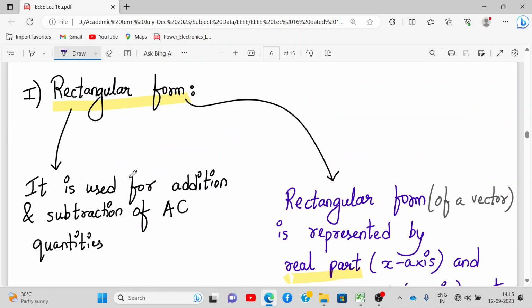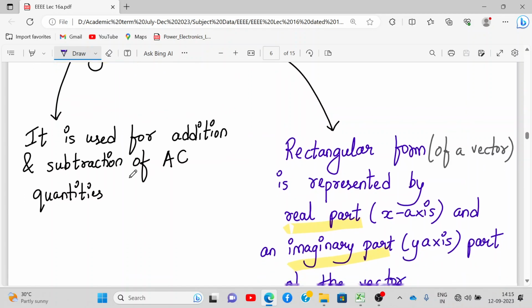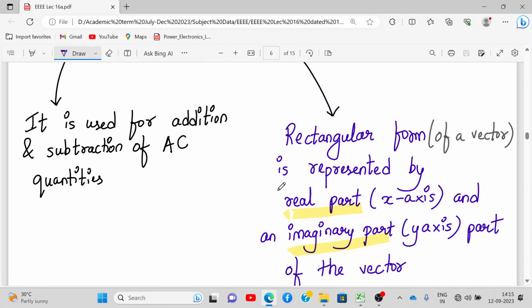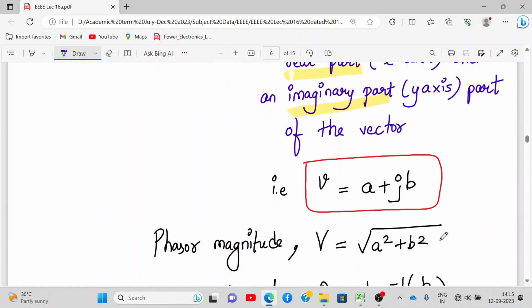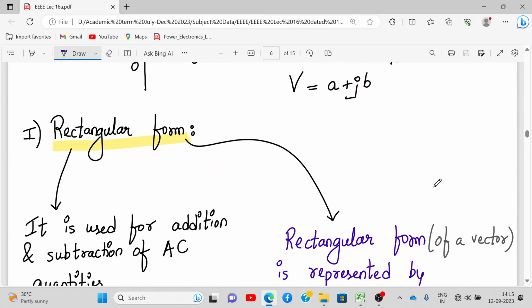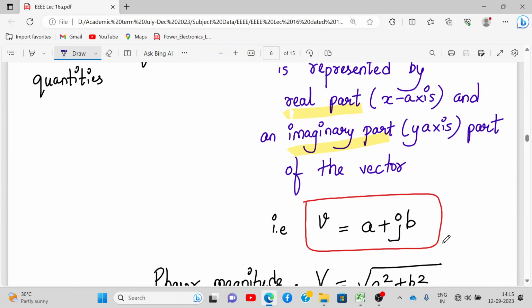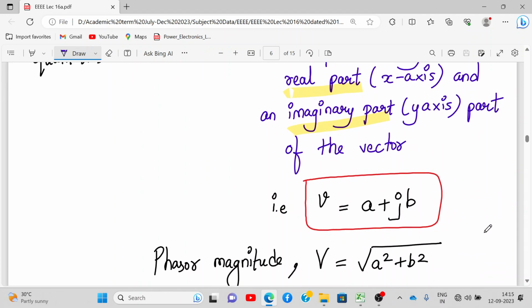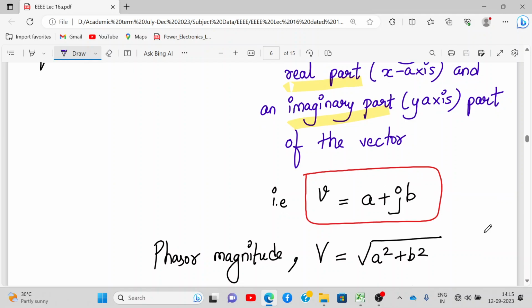If you want to add or subtract AC quantities, you use the rectangular form. The rectangular form of a vector is represented by the real part on the x-axis and the imaginary part of the vector. So V is equal to A plus jB. Write it down. Write down rectangular form and write down this vector. V is given by A plus jB, or iB, whatever you want to call it.